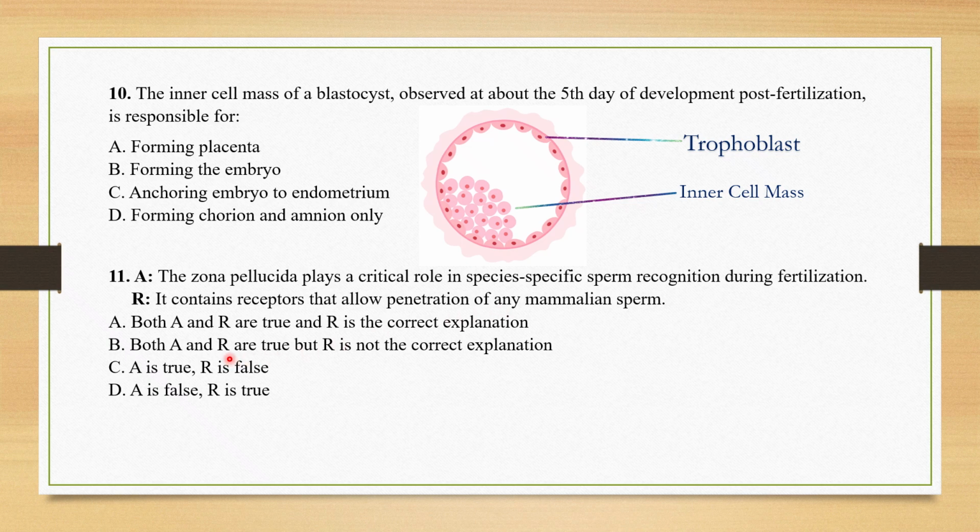So here the right answer is option C, assertion is true and reason is false. Because zona pellucida has got species-specific receptors. It does not accept any sperm. It is given in the question like allow penetration of any mammalian sperm. So that is false. Right answer will be option C.